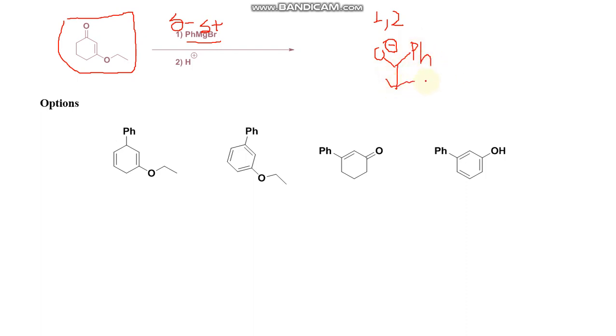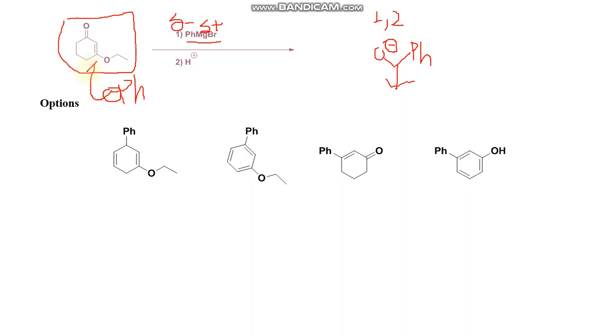This is 1,2 addition, because one Ph means one nucleophile, it is going to be attached here, and O minus is at the 2 center. But for 1,4 addition, Ph will attack from the 1 position, for which the 4 position will be O minus MgBr.